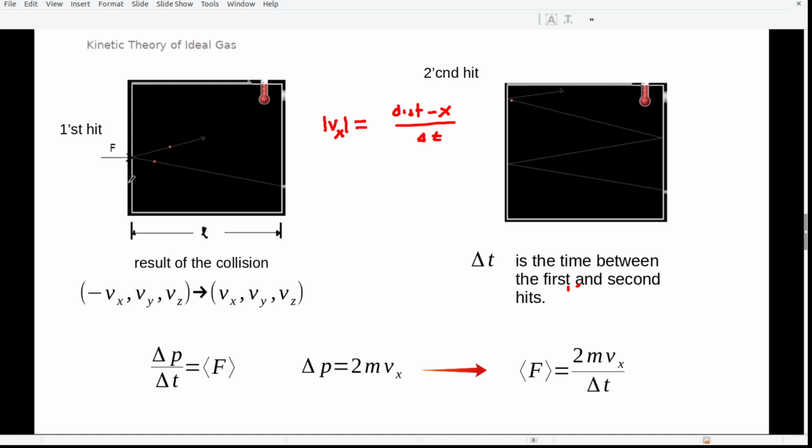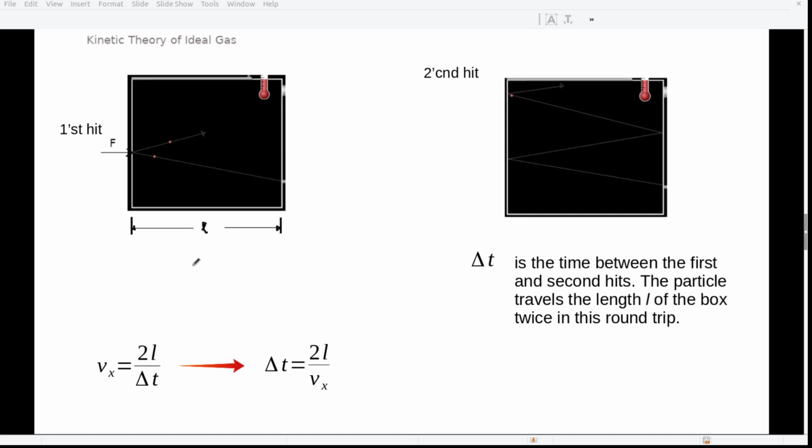Well, it goes L going this way and L coming back to hit again. So here we can just drop the absolute value. That's 2L divided by delta t. Knowing that the velocity in the x direction is 2L over delta t, we can solve for delta t. It's 2L over vx.